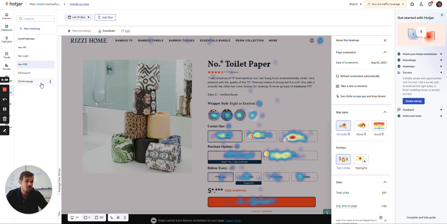Another useful piece is to put a heat map on your FAQ page to see where website visitors are getting hung up, what questions they really need to dig down to understand whether it's worth buying or not.